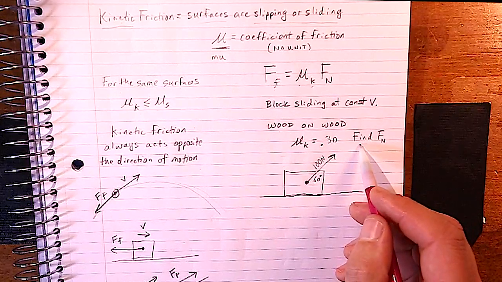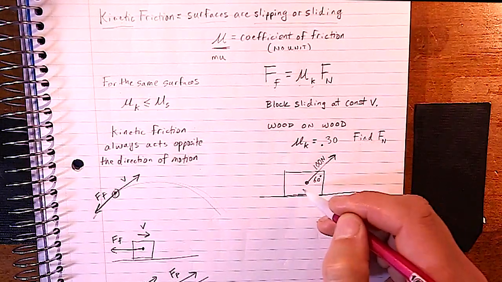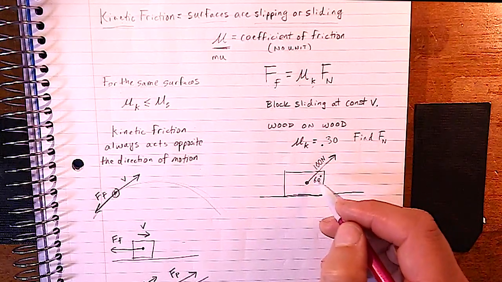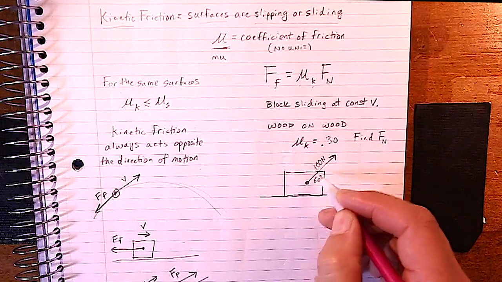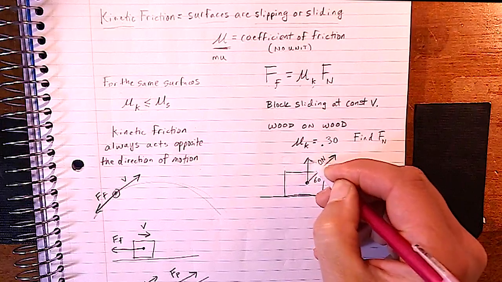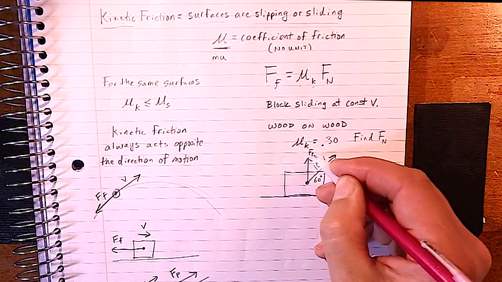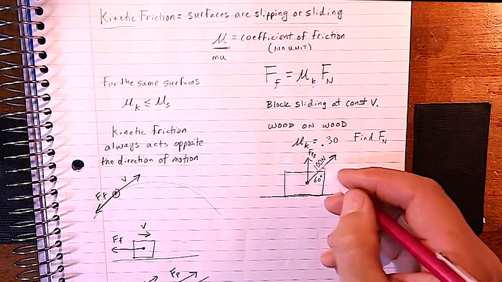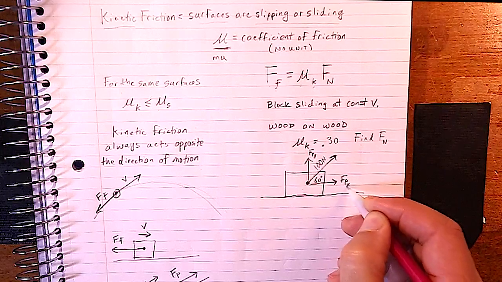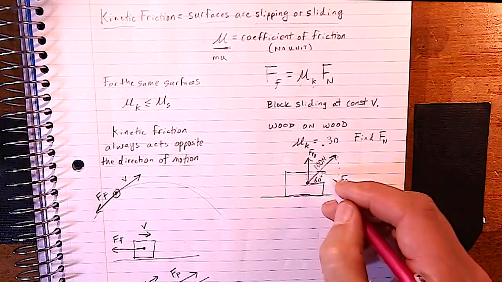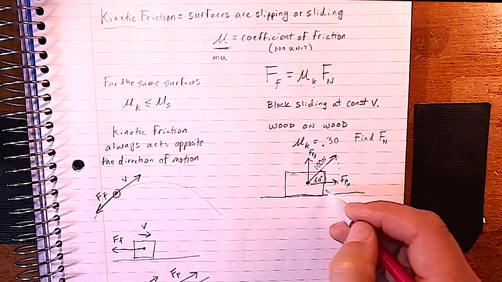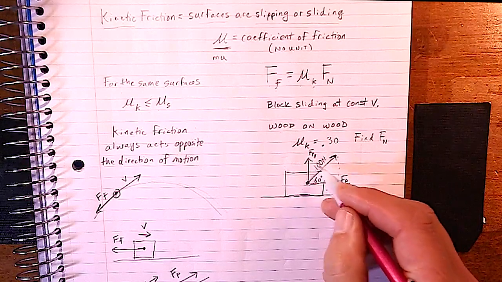And the question is to find the force normal. Now, without them giving us the mass, we can't do it the way that I showed you before. We have to do this using friction. If we look at this force right here, we can break this up into force of pull y and force of pull x. Then we can do a right triangle. Using this from the vectors episode, we have the adjacent side and the hypotenuse.